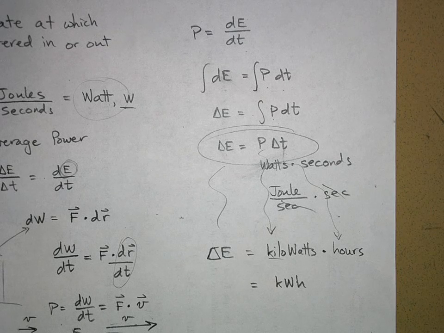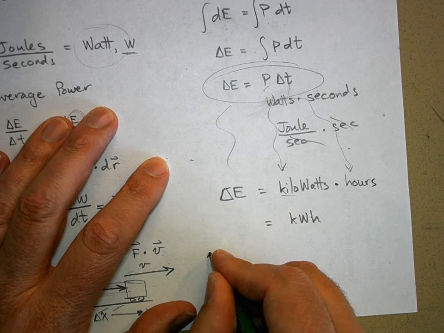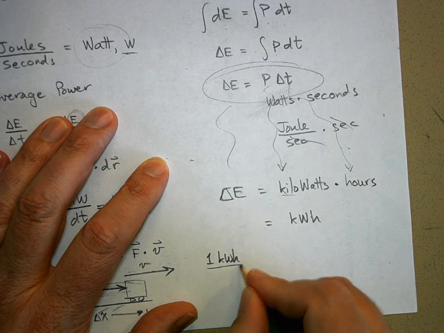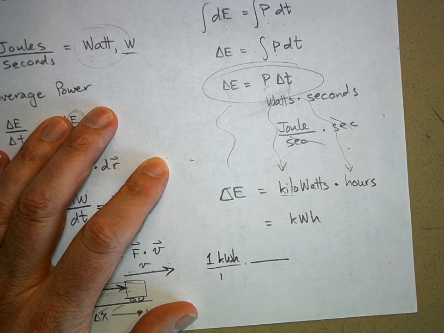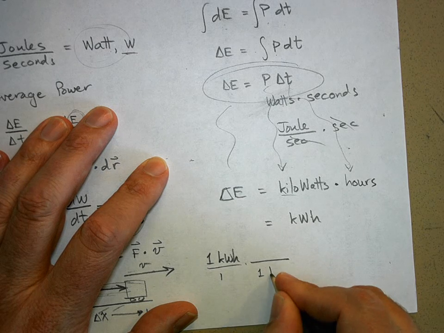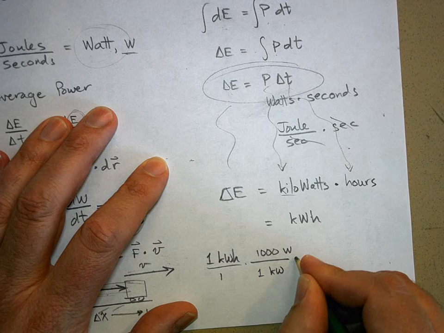But how many joules in a kilowatt hour? That's pretty easy. So 1 kilowatt hour, put it over 1. We're going to get rid of the kilowatts. 1 kilowatt is 1,000 watts.